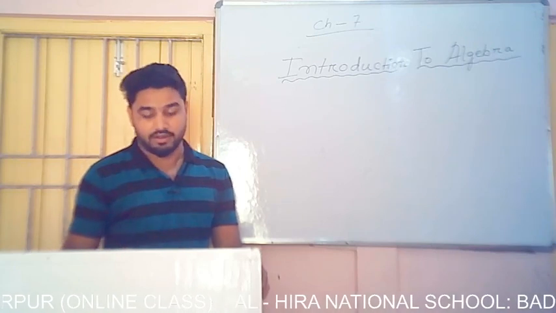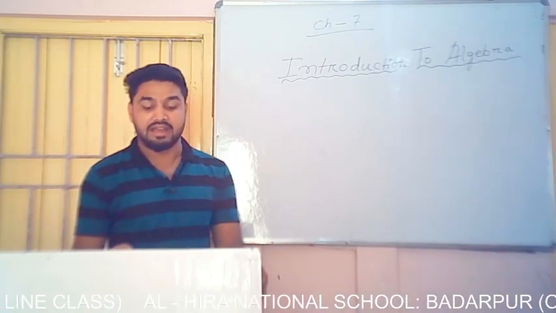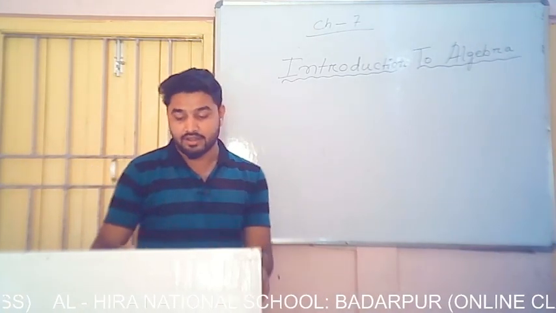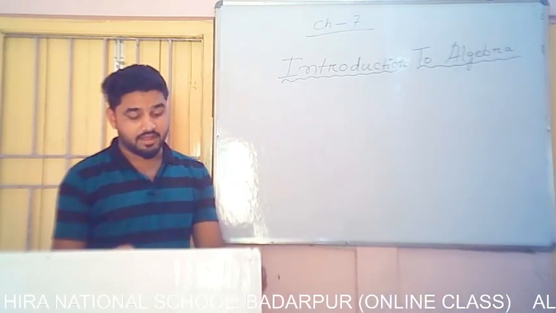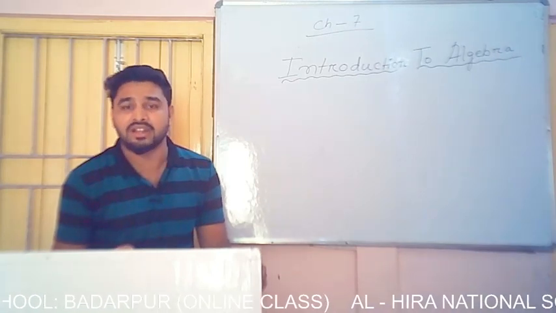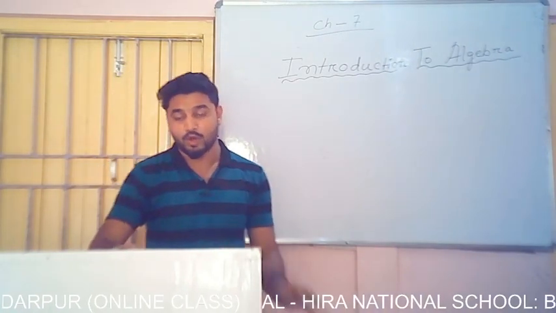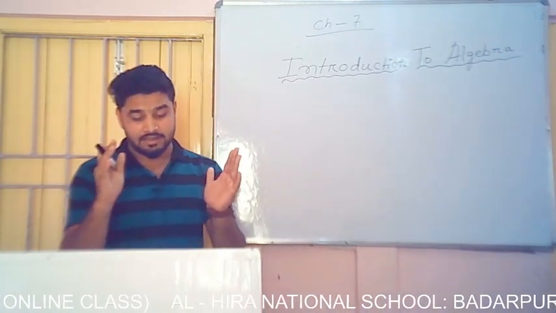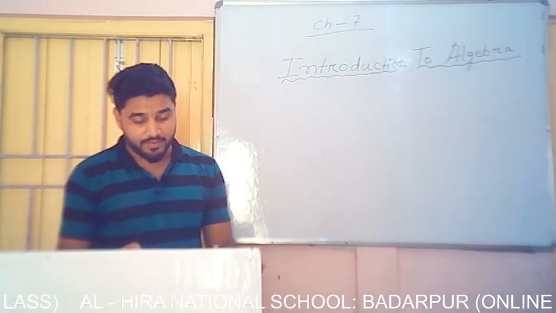Open your book, page number 140, exercise 7a, and see the first question. Number 1a, write the length of the knife. That means we have to find the total length of the knife.